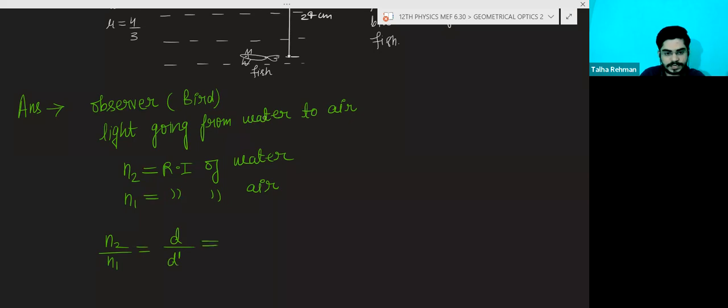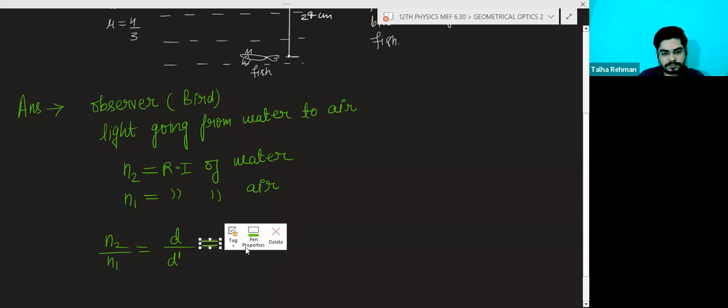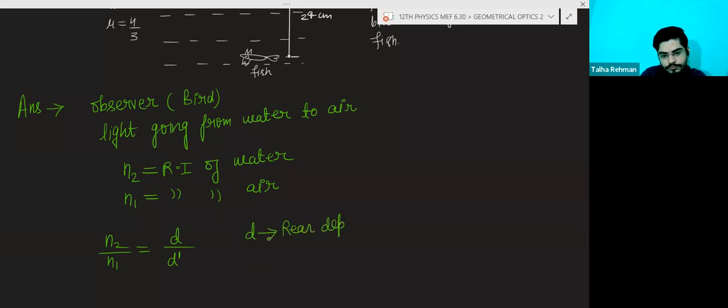D is the real depth of the fish and D dash will be the apparent depth of the fish.